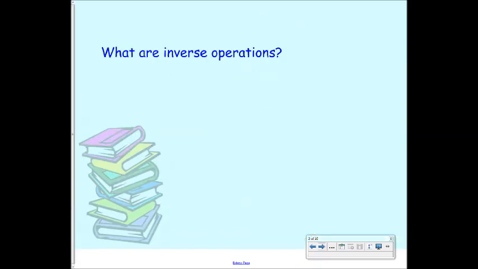Okay, so what are inverse operations? That's a fancy way of saying what, Jessica? Opposite. What's an operation? Besides like in a hospital when you have surgery. But in math, what are the operations? Elijah? They're in equations, yes.